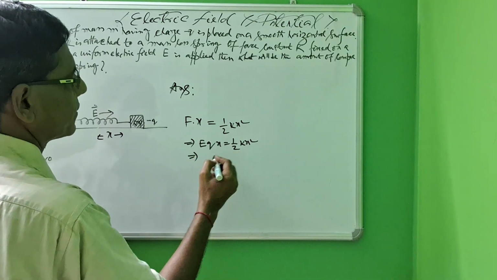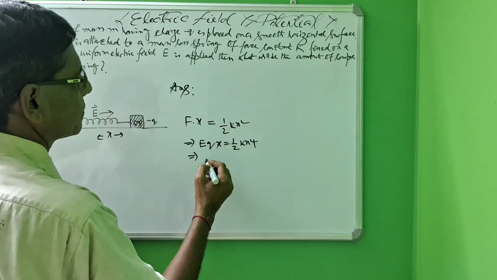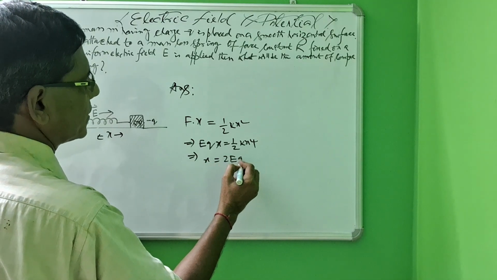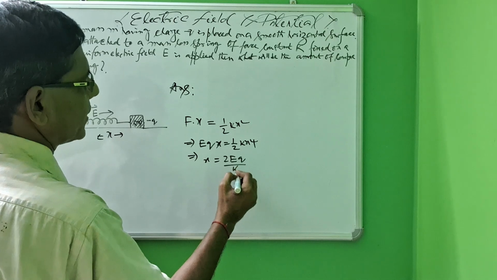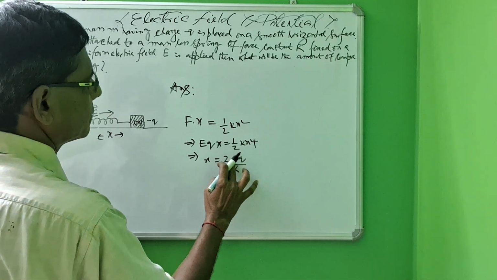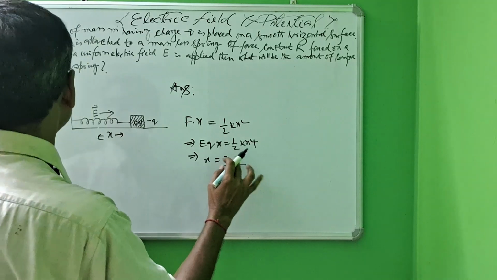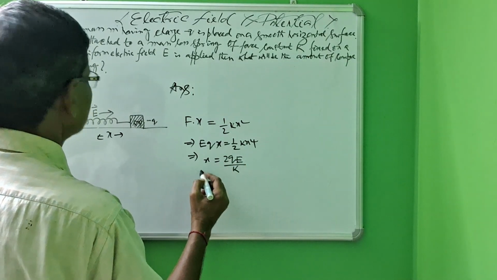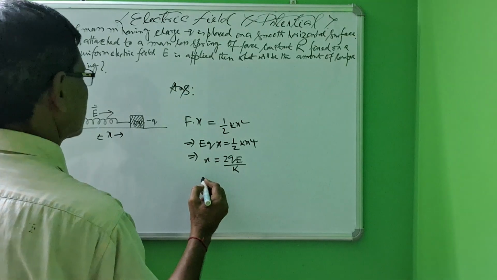From this we get EQ x equals half kx square. From this, x is cancelling out, x equals twice EQ upon k. So answer B.